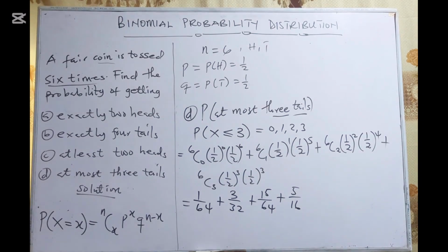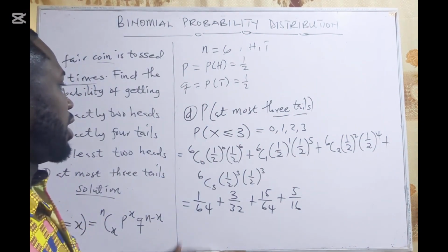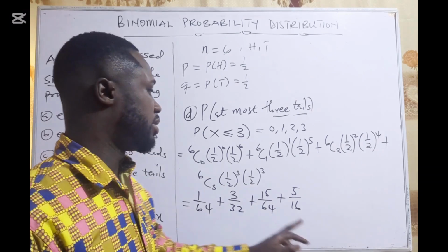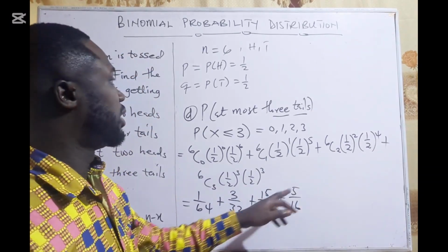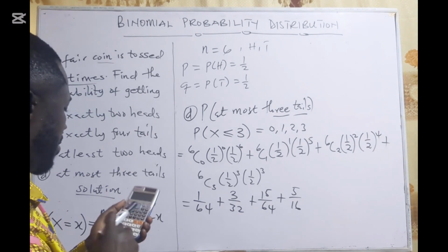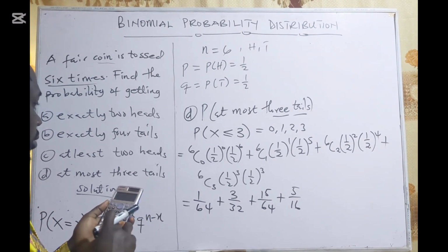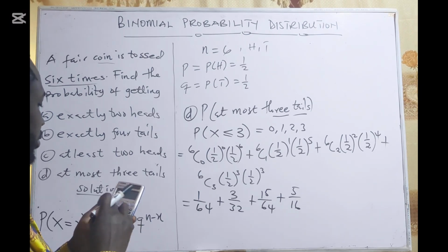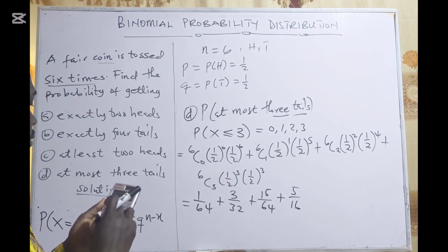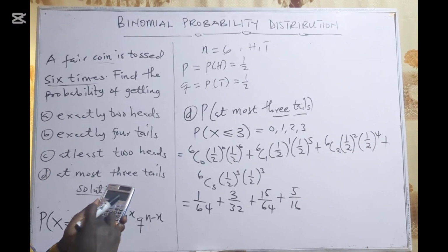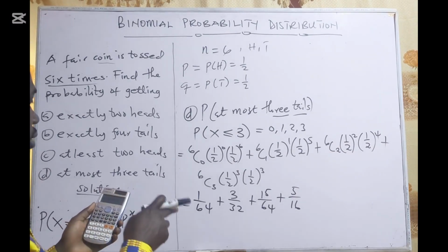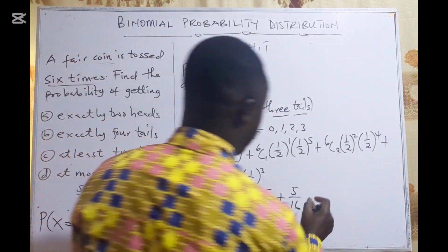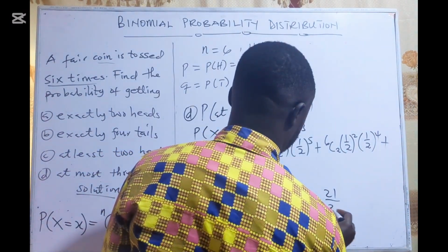So at most 3 tails, that is 3 tails or less. So 0 tails is 1 over 64, 1 tail is 3 over 32, 2 is 15 over 64, and then 3 tails is 5 on 16. So let's add up. 1 over 64 plus 3 on 32 plus 15 on 64 plus 5 on 16 will give us 21 on 32.